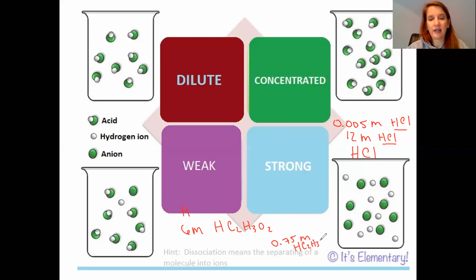These are both weak acids because it's acetic acid, and acetic acid is not on the list, but the 6 molar is a concentrated acid because it has a high molarity, whereas the 0.75 molar acetic acid is a dilute acid because it has a low molarity.